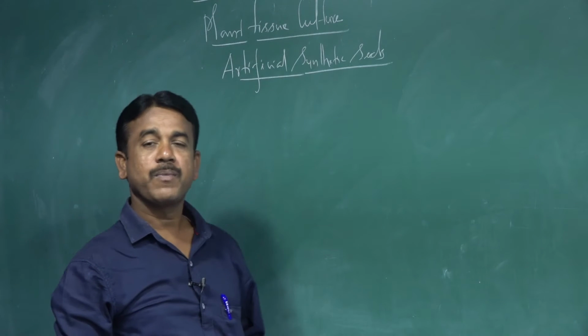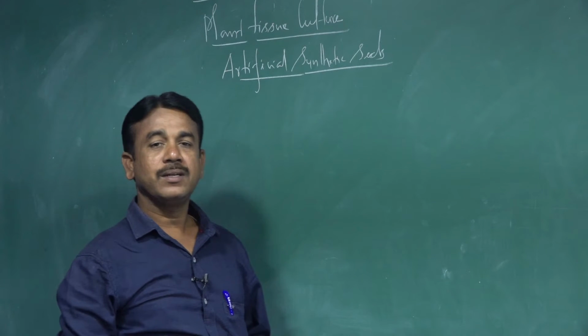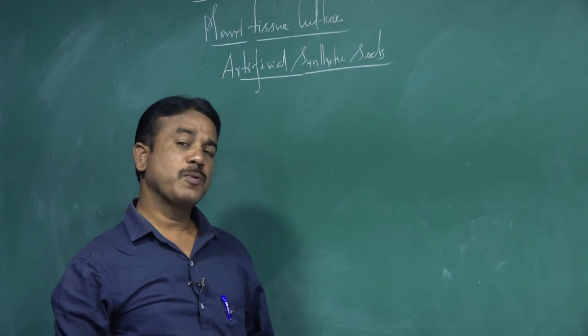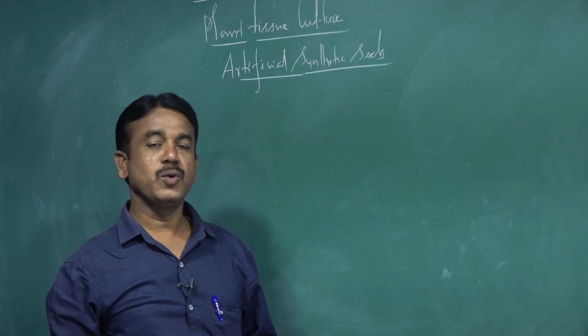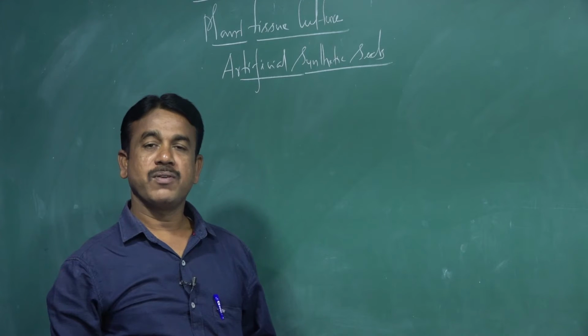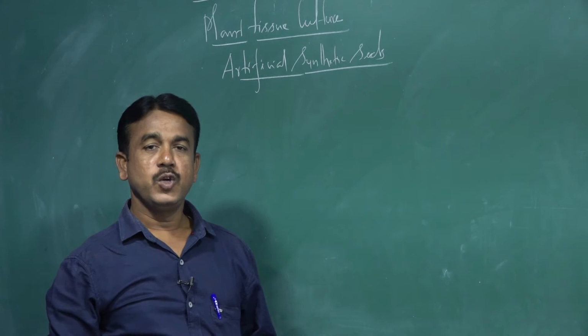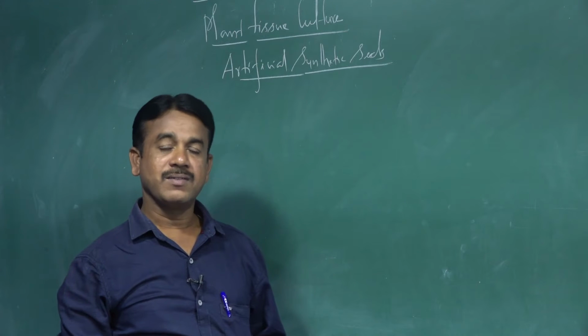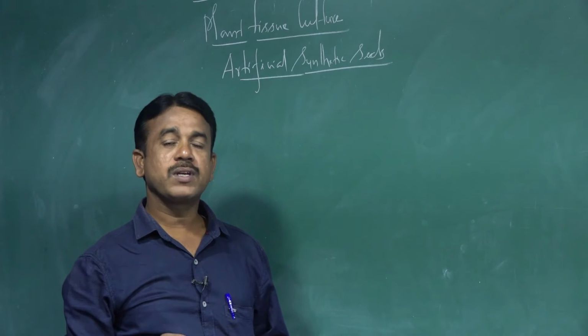You know how seeds are generally derived, or which process is responsible for producing seeds. For your daily activities, you consume different kinds of seeds as well as fruits, because fruits contain seeds. The seeds are present inside the fruits.